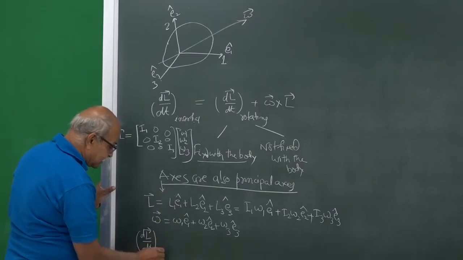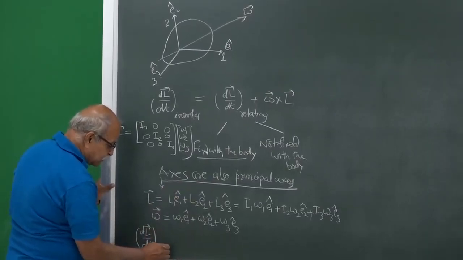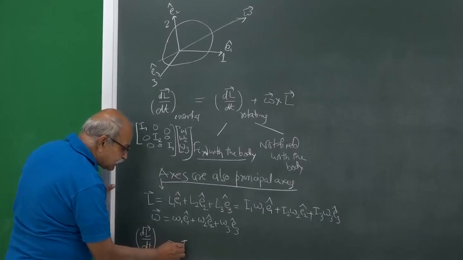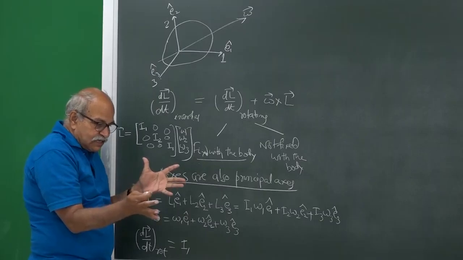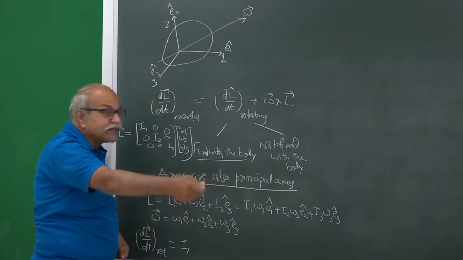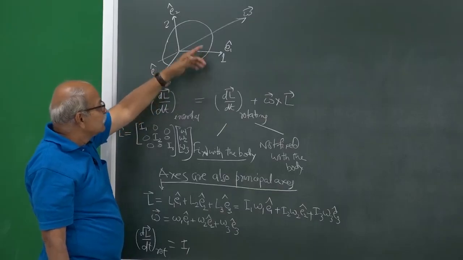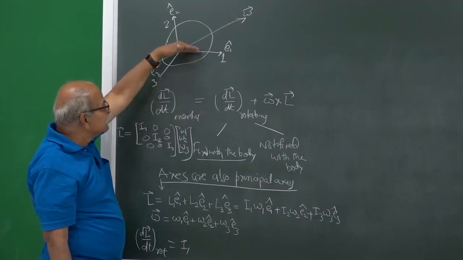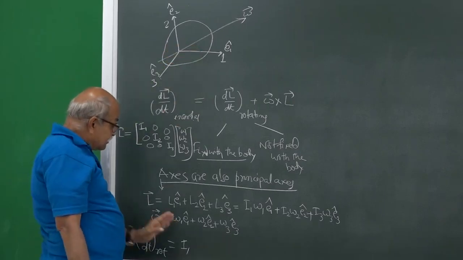dL/dt in this rotating frame, in this body fixed principal axis frame, I1 will not change. Now, you are fixed with the body, the axes are fixed with the body, the x axis or one axis that you have chosen is fixed with the body. So, I1 which is Ixx, the usual moment of inertia about the one axis, is not going to change with time, but omega 1, yes, it can.